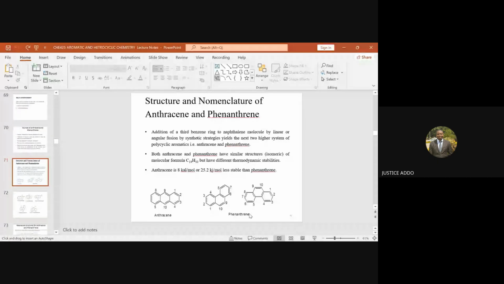And then the same thing applies to this one. So please pay attention to the numbering system of naphthalene, anthracene, and then phenanthrene. Because when it comes to naming of their derivatives, these numbers will let you know the position of the substituent groups. And then you can use the positions accurately.